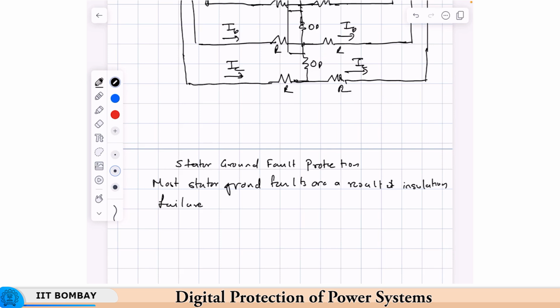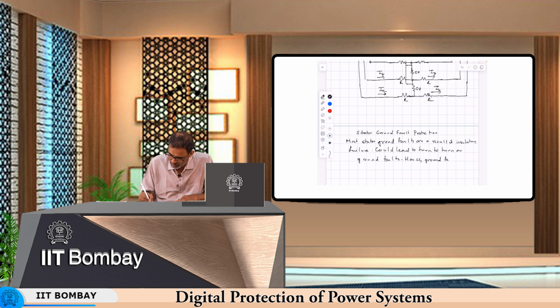Okay, so this could lead to ground faults. Hence, protection is essential.